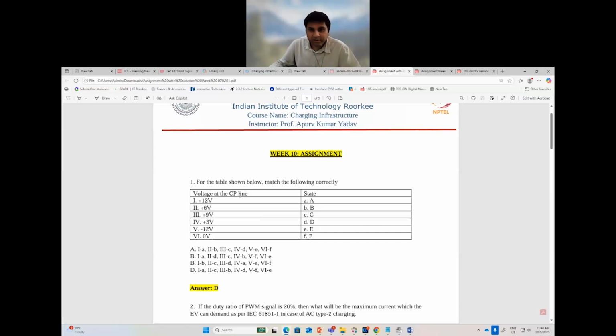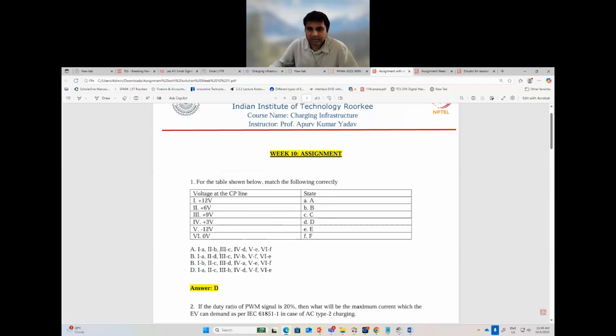The moment you have plus 12 volt, we know it is state A. Plus 9 volt is state B, plus 6 volt is state C, plus 3 volt is state D, minus 12 volt is state F, and 0 means state E. So accordingly, option D is the correct option. You have to just select that.